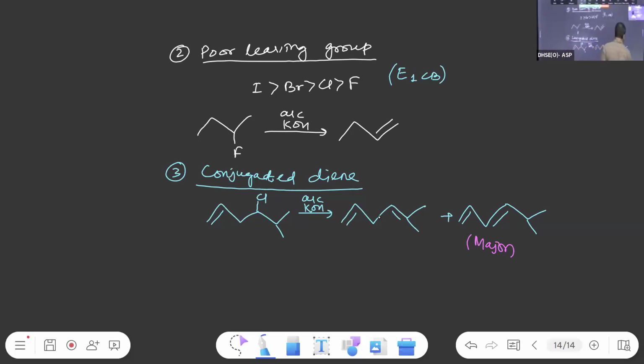Okay. Next, dehydration of alcohol. In order to make dehydration of alcohol, we have to take concentrated mineral acid or dehydrating agents like alumina, and you can take calcium chloride.